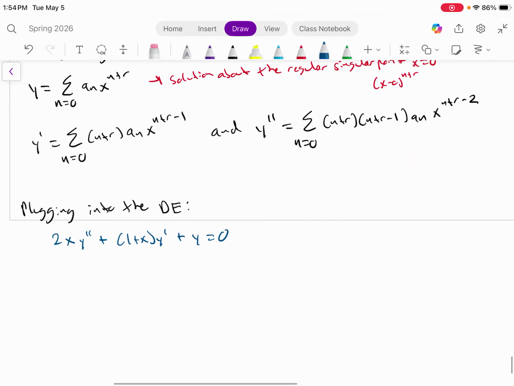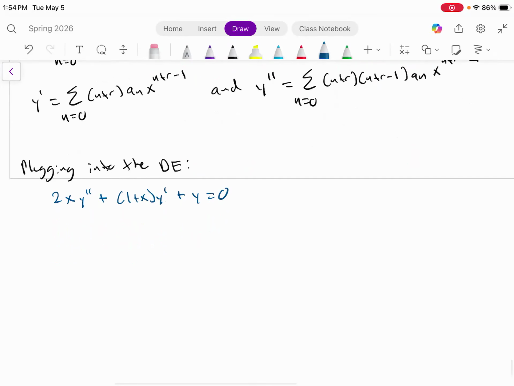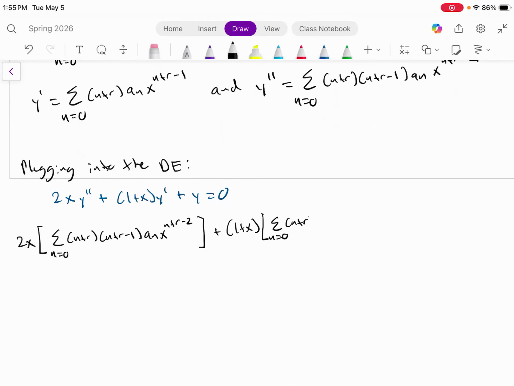Plugging in our y prime and y double prime, what I get is 2x times the power series, starting at n equals 0, n plus r, n plus r minus 1, a sub n, x to the n plus r minus 2, plus 1 plus x times the power series y prime, which is n equals 0, n plus r, a sub n, x to the n plus r minus 1, and then plus y, which just stays itself.